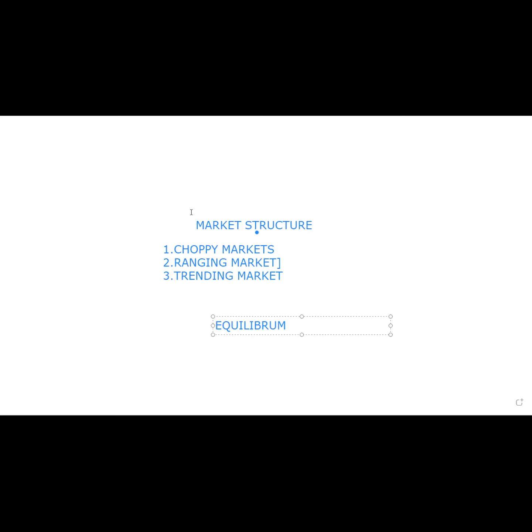Two, a ranging market could also indicate that an existing trend is just taking a breathing space, probably due to the lack of momentum in the market.